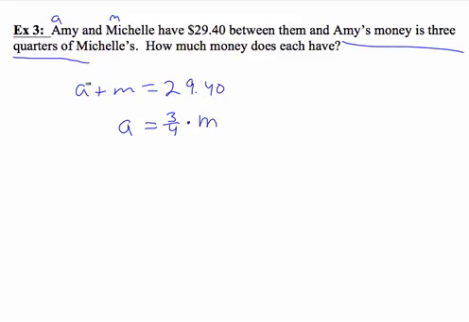Okay, so this first equation is in the correct format. We've got variable, variable, constant. And this one here, we want to move the variable to the other side. So we're going to have a minus 3/4 m, and here we subtracted 3/4 m from that side, so we have 0. So now we have a, m, constant.